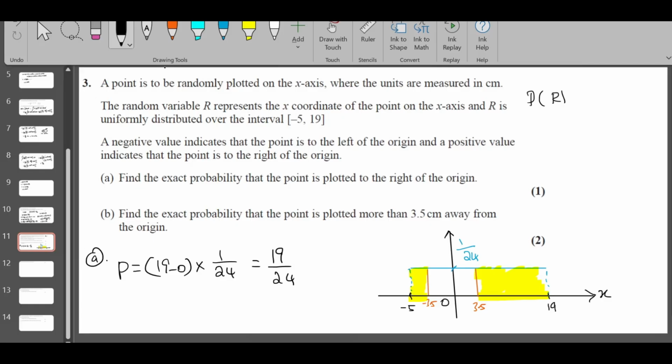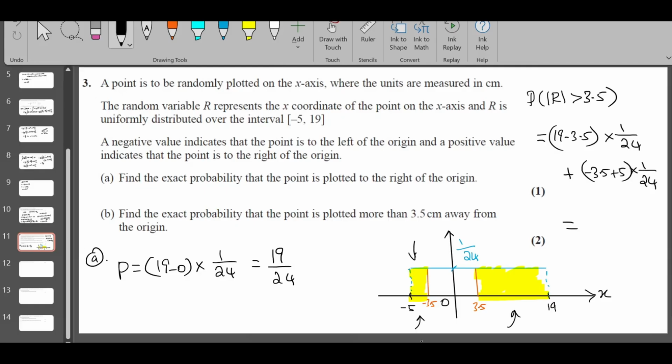So put it as modulus R greater than 3.5, which is equal to this area, which is 19 minus 3.5 times 1 over 24, plus this area at the bottom, which is minus 3.5 minus of minus 5, plus 5 times 1 over 24.